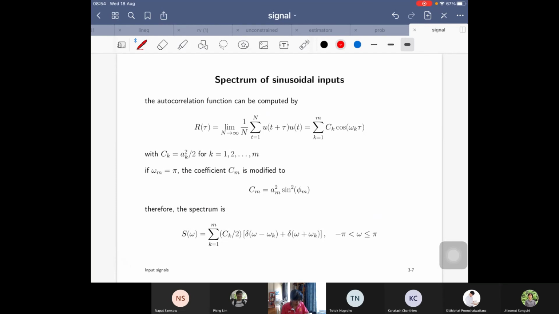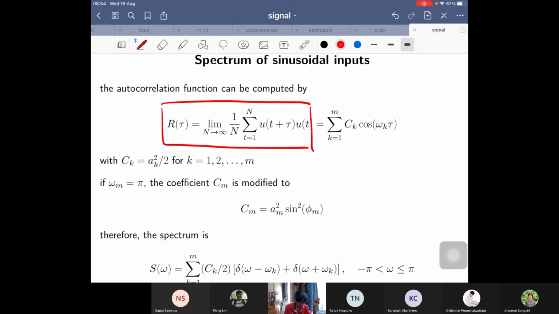Okay, so next we look at the spectrum. Again, instead of characterizing autocorrelation using the expectation, we use the time domain sum here. So it's an autocorrelation at time gap tau. This is kind of the convolution term.